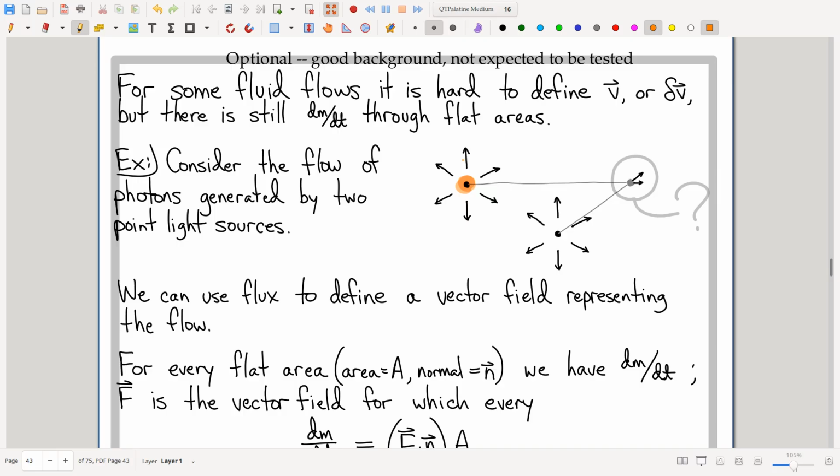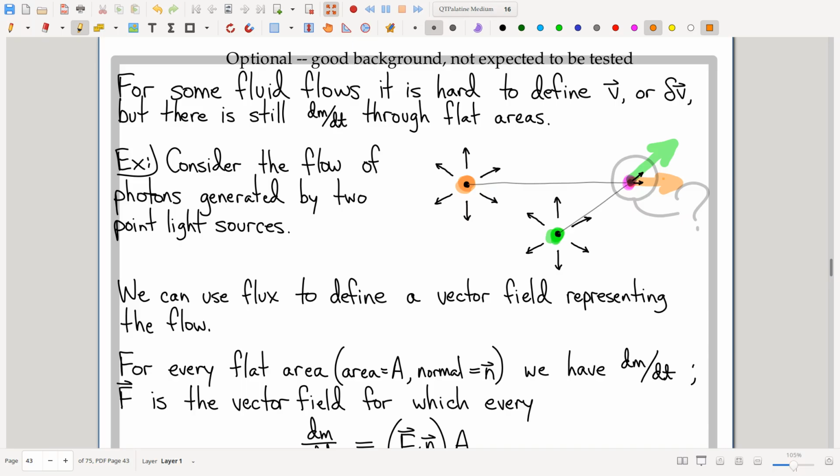Here's the issue. The issue comes if you have two light bulbs. Now, with that second light bulb, let's ask the reasonable question. Okay, now I've got photons flying around. Is that still a fluid? Well, the problem is, at a given point, some of the photons are going that way, and some of the photons are going that way.